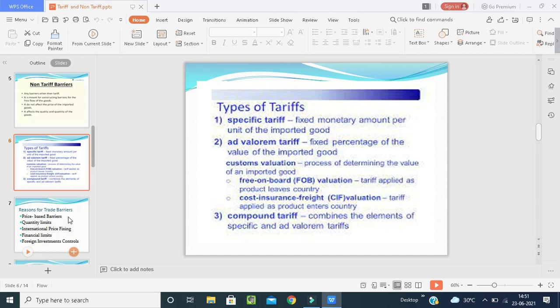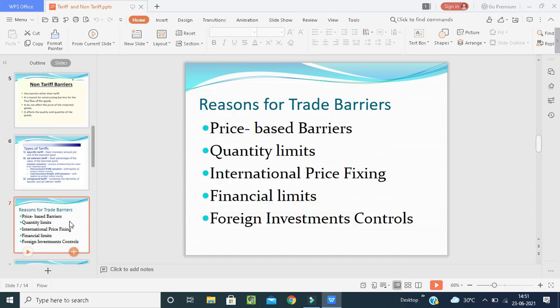Now, reasons. What are the reasons for trade barriers? Why are these various problems taking place in tariffs? It depends on prices, that means how price-based barriers work. The price-based barriers are also known as tariffs. Tariffs are the taxes imposed on imports.